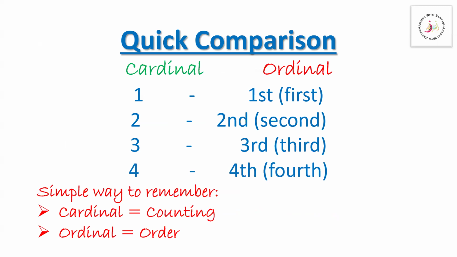Here you can see that cardinal numbers are 1, 2, 3, 4, and ordinals are the first, the second, the third, the fourth, as they just tell us about the rank or position. You can remember them like this: cardinal is for counting and ordinal is for order.